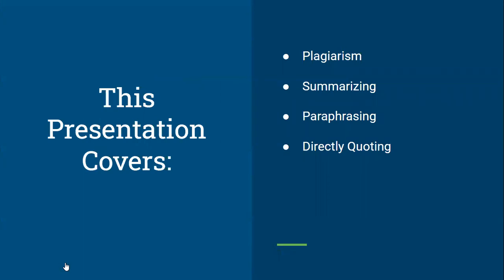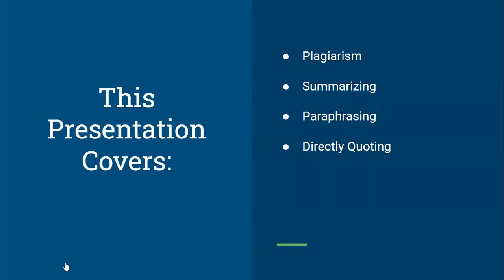Because it's one thing if you're writing about spaghetti, right? Or if you're writing about something you don't have to do research for. But if you're including other people's thoughts and ideas in your writing, then there are very strict guidelines you have to follow in order to maintain academic integrity.